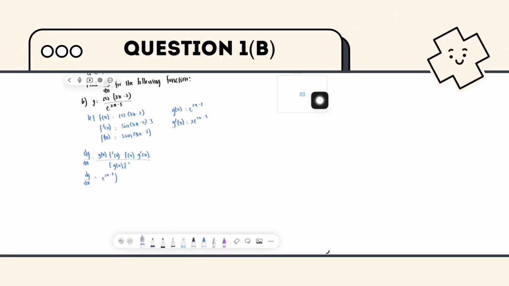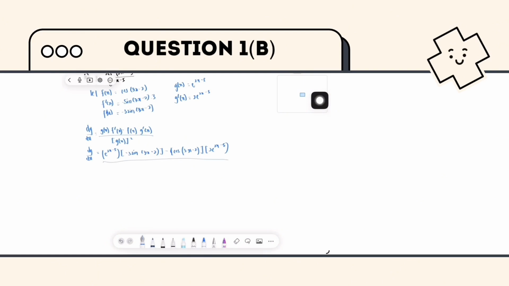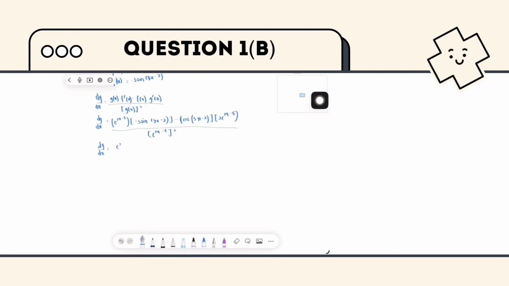After that, we will substitute into the formula. Now we will expand the function. And then we can cancel out and simplify it. And we will get our final answer.